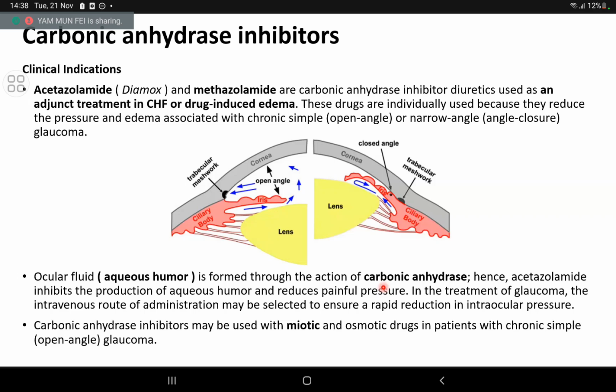When it touches your eyeball, it reflects back. From there they can estimate how much pressure is inside your eyeball.